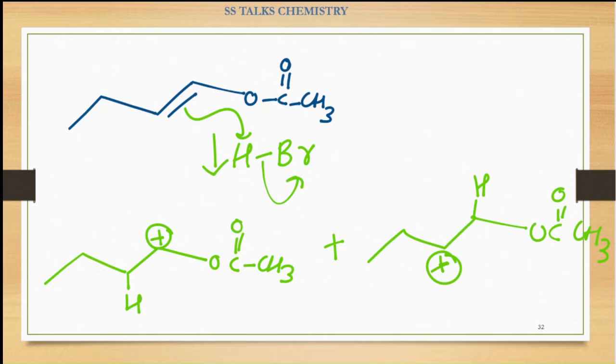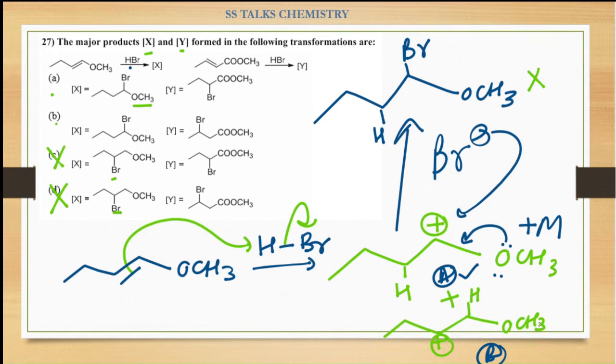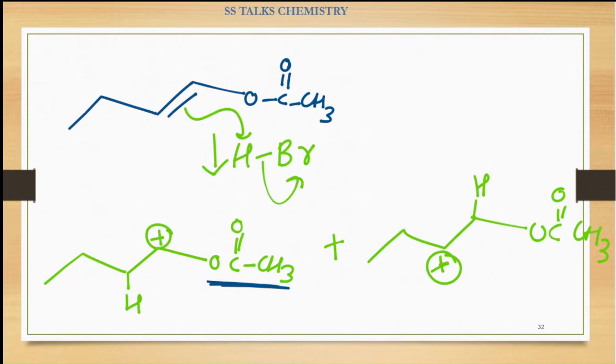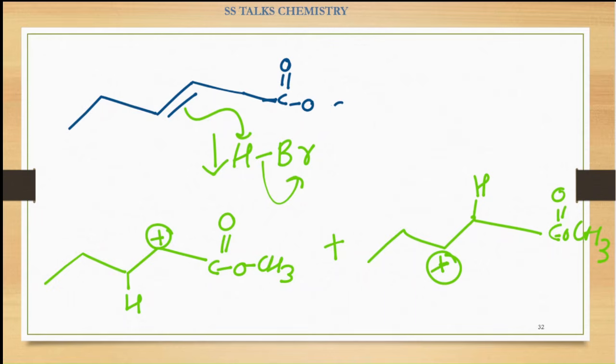Now in this case, if you see, the group you are having is C double bond O and this O group attached, the C double bond O, O, C, O, CH3 group. So this is the group that is attached to it.